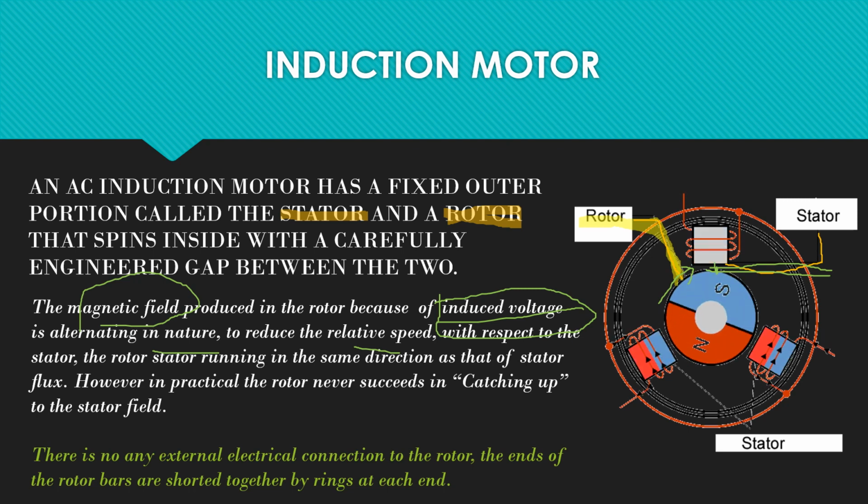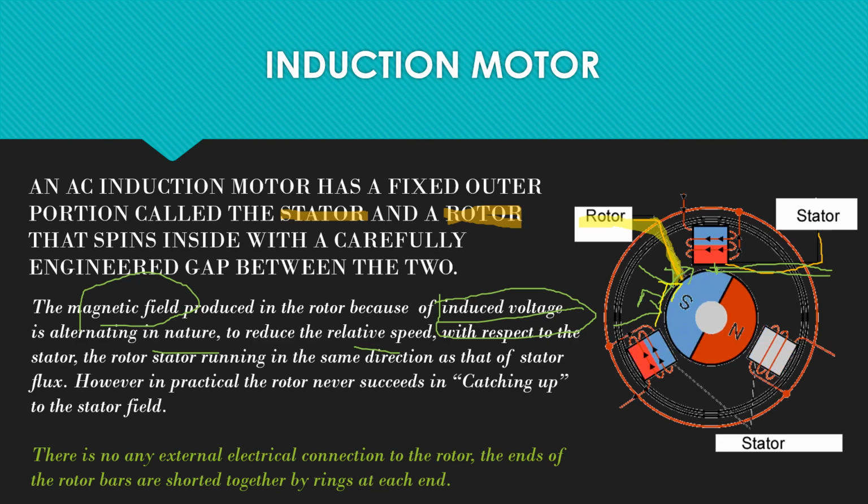So how does this rotor rotate? Actually, when a voltage is induced, the stator gives a flux in a direction, and in the same direction the rotor starts moving, right?